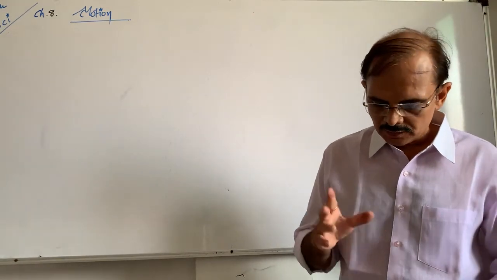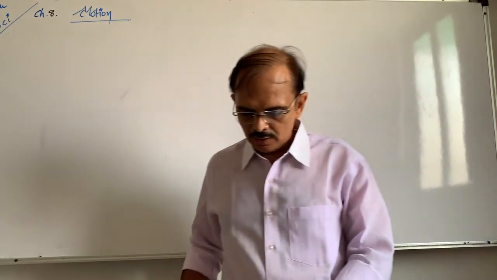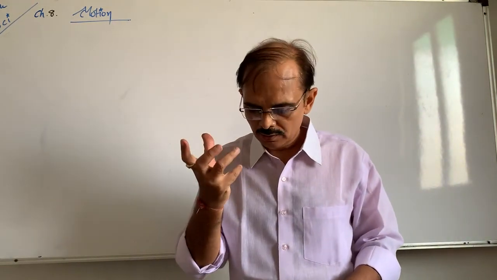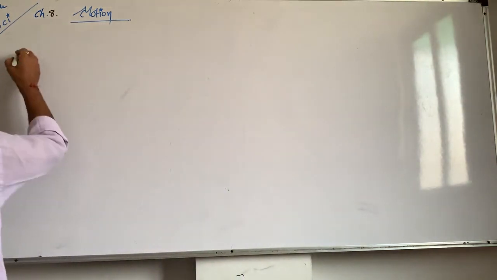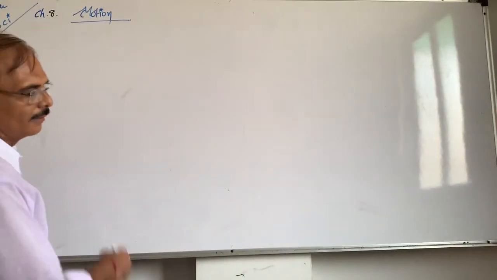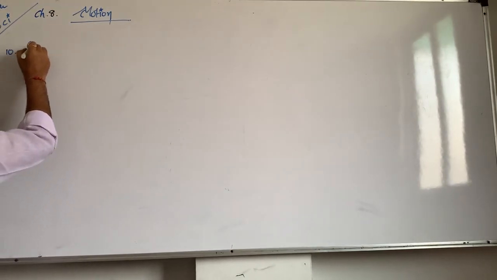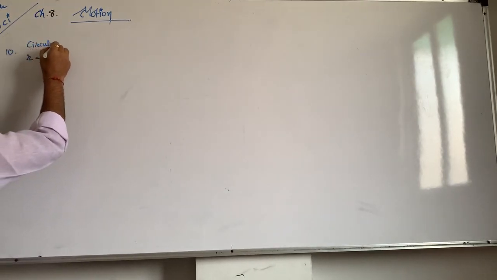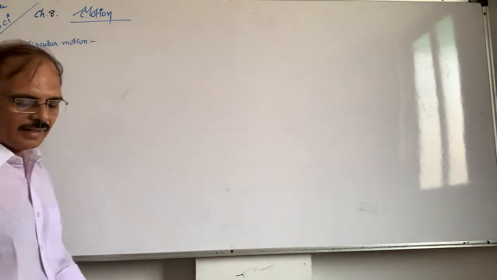See, an artificial satellite is moving in a circular orbit of radius 42,250 km. Last number 10. Circular motion of an artificial satellite.